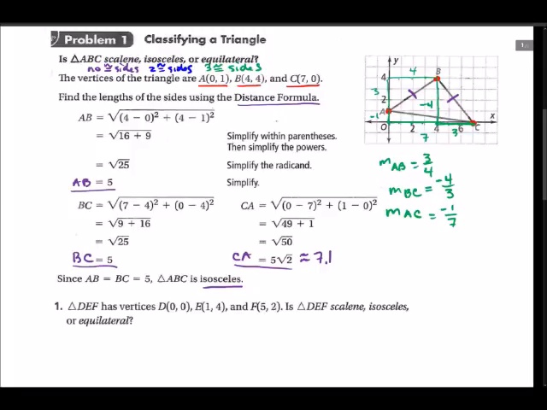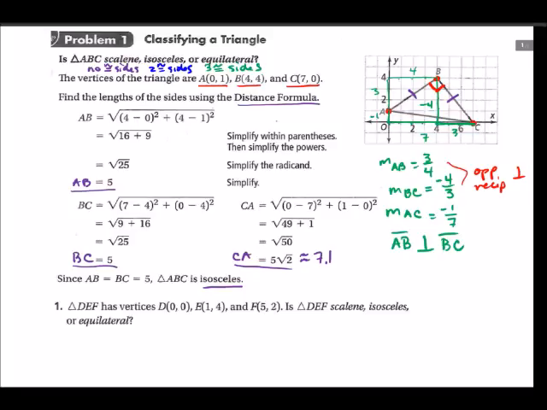So from this, we can say that segment AB is perpendicular to segment BC, because right here, these are opposite reciprocal. So that means that they are perpendicular. So we could mark this as a right angle right there. So another good thing to do.